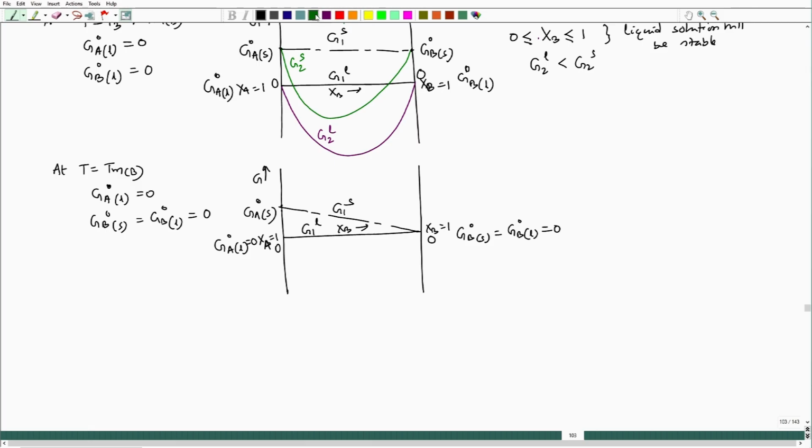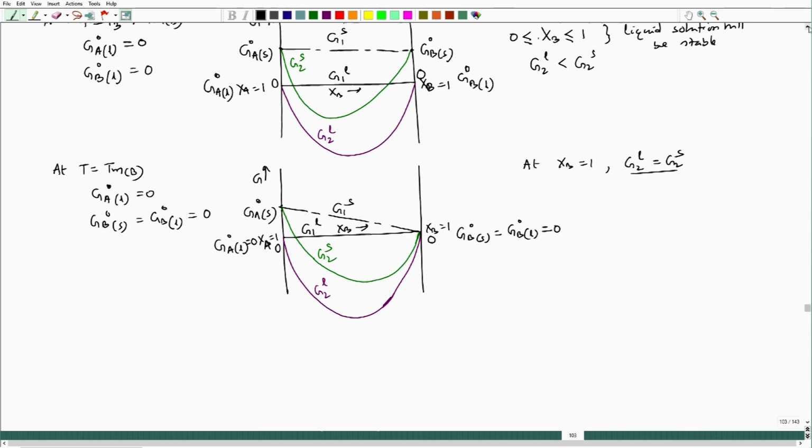So, if I plot solid G2 and liquid G2, this is G2 solid and this is G2 liquid. Now, let us see at composition XB equal to 1, I see that G2 liquid equal to G2 solid.